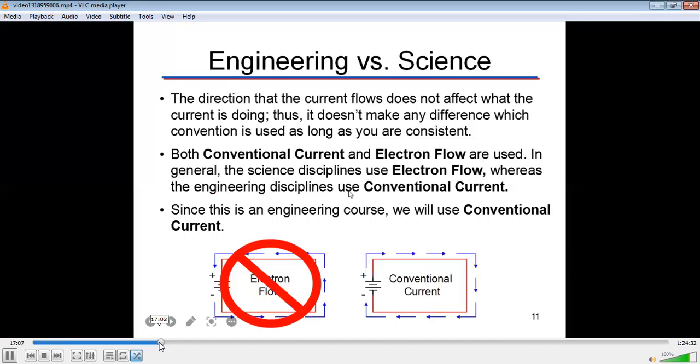That means the flow of electric current is from positive terminal to negative terminal. You are an engineering student, so you have to use this concept. But the science discipline uses the direction of flow of electrons, which is from negative terminal to positive terminal.